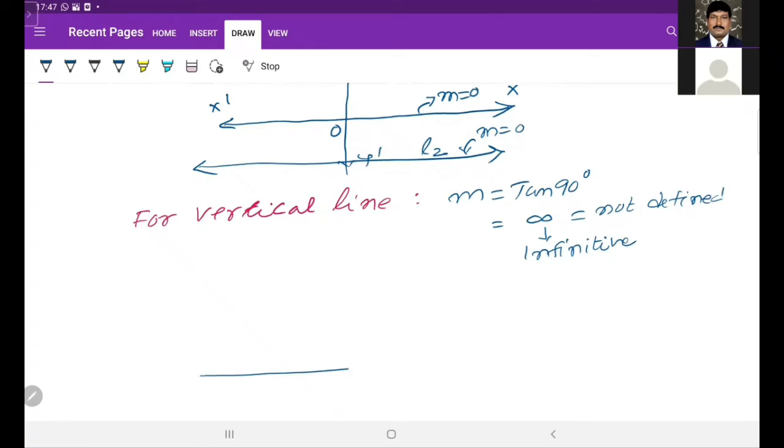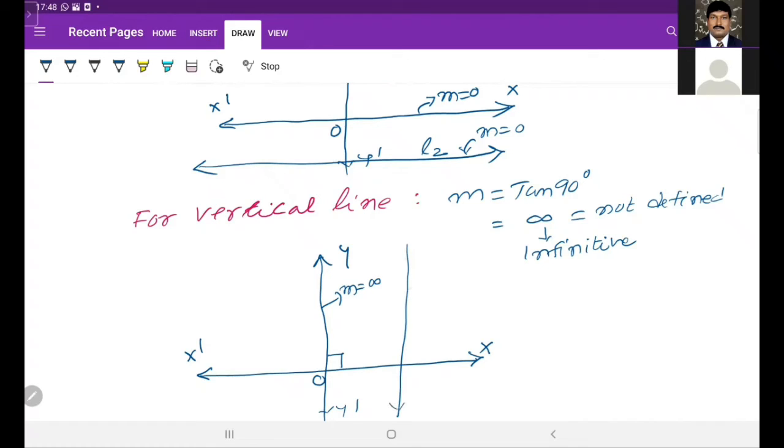For vertical lines, draw the graph. So y, y dash, the y-axis is also a vertical line. It is 90 degrees. Slope not defined now. M value infinity. Next, this is line 2. Line 1, slope equal how much now? Infinity. It is line 2.